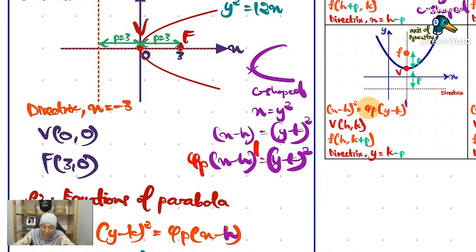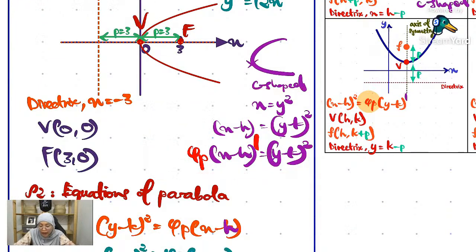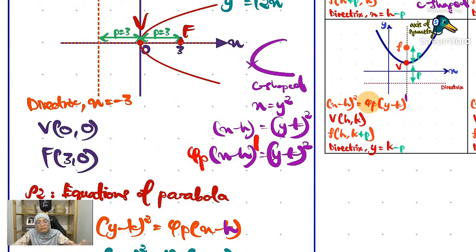So what I'm trying to say is I'm giving you step by step tips to memorize easily, without directly using the formula, because we have 4 types of formula. If we are careless choosing any negative or positive P, it will be very dangerous. Okay, I repeat: since this is C shape, it is always positive Y squared.